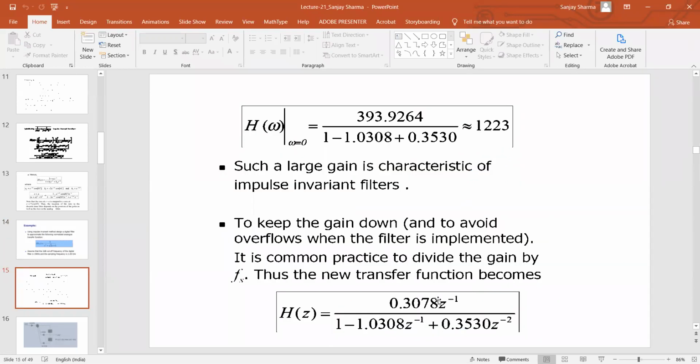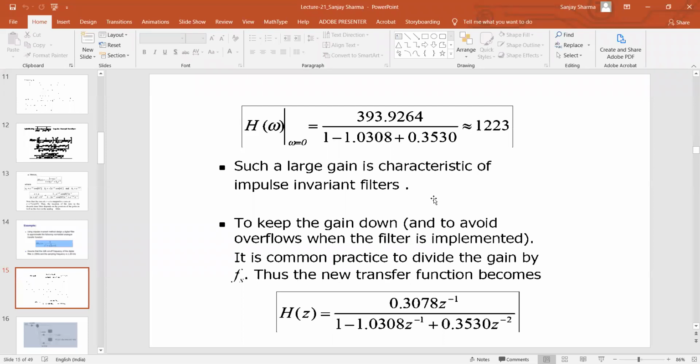So divide the gain, or you divide the transfer function, with the sampling frequency. All right. That means you divide to keep the gain down and to avoid overflows when the filter is implemented. It is common practice to divide the gain by Fs.